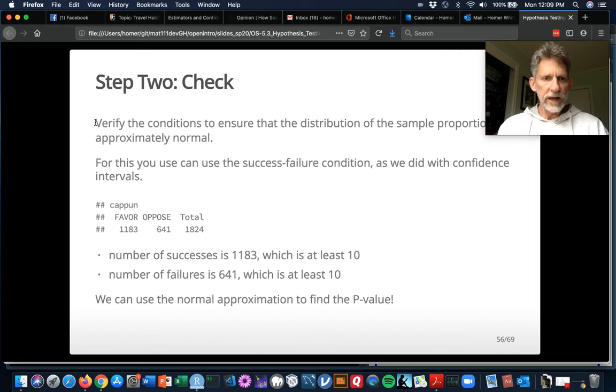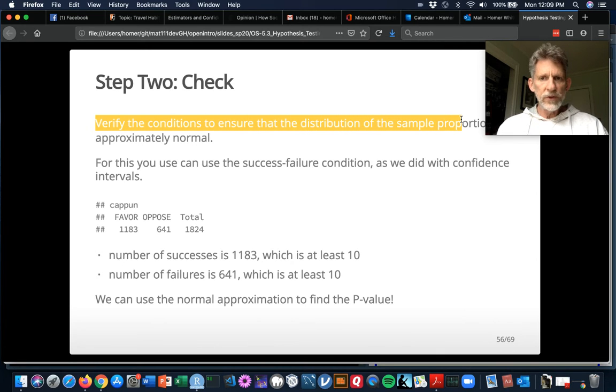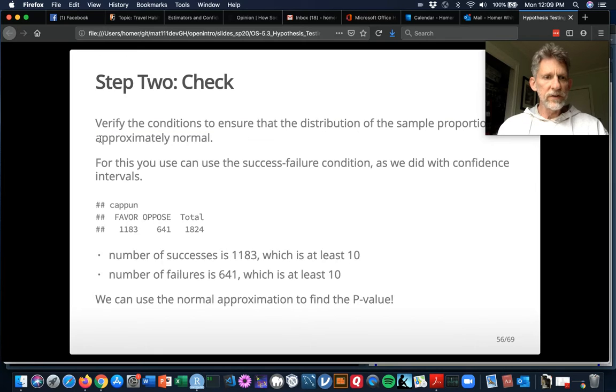We need to verify the conditions to ensure that the distribution of the sample proportion is approximately normal. Our p-value computations relied on the probability distribution being normal. We were using p-norm GC, remember. So we need to check and see if in this situation, p hat's going to really have a normal distribution.